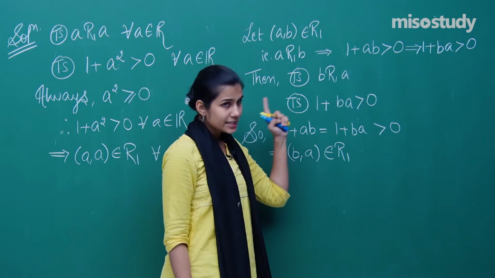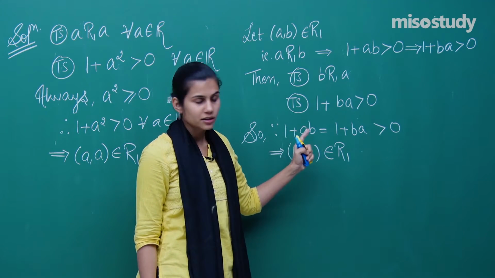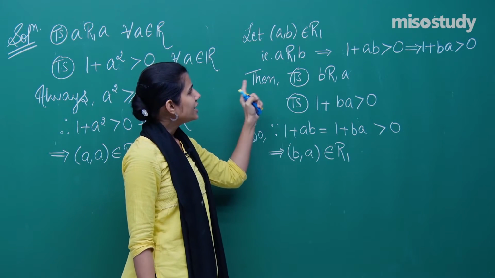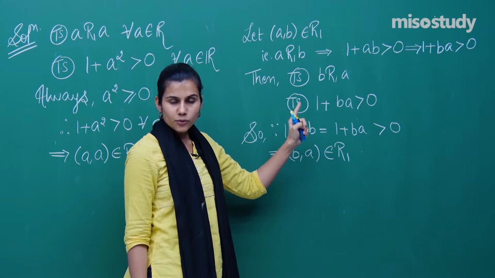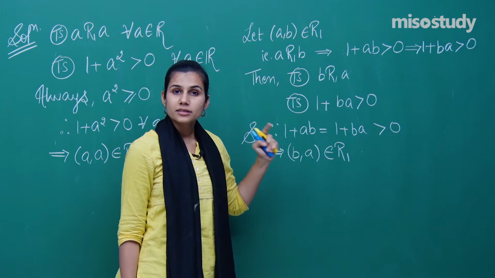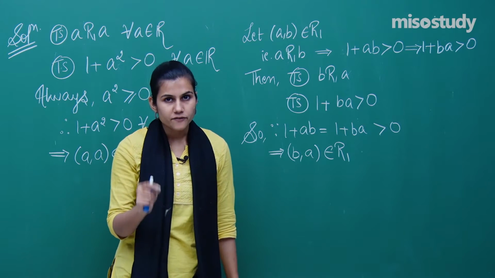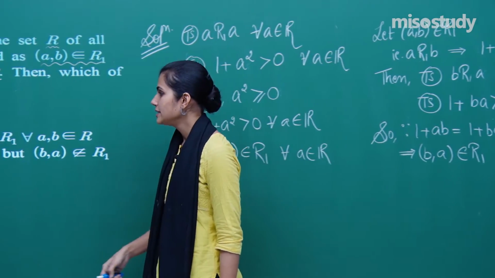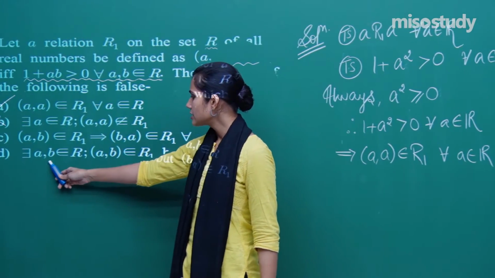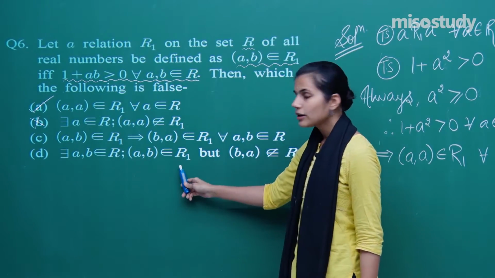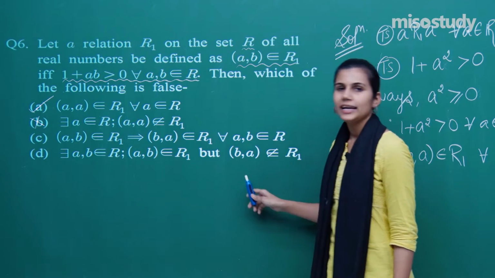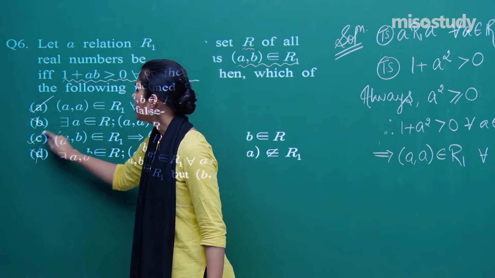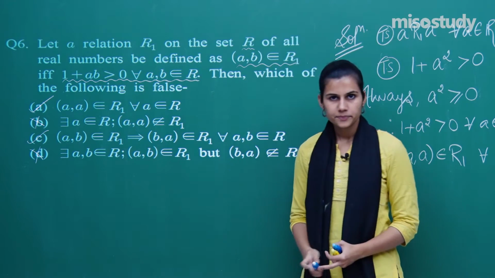And because there is nothing special about A and B over here, they are arbitrary real numbers chosen. That is why if A is related to B under the relation R1, then B is related to A under the same relation is true for every real number A and B. And that means there does not exist any pair of reals such that (A, B) belongs to R1 but (B, A) does not belong to R1, because this relation is very much symmetric.